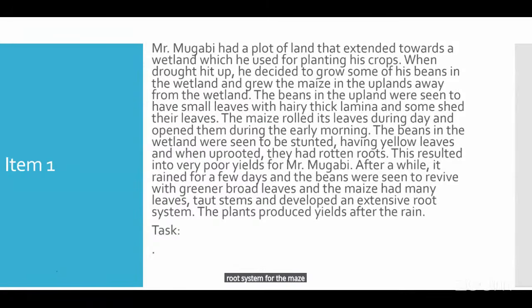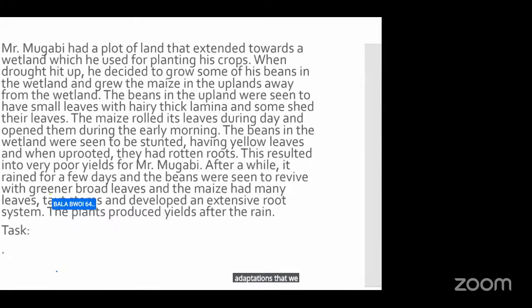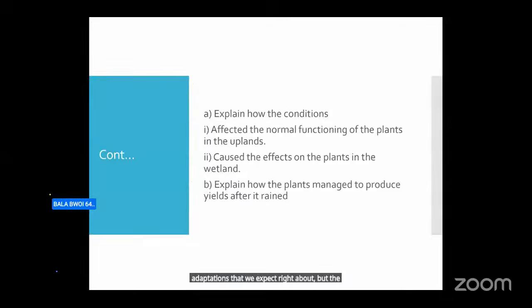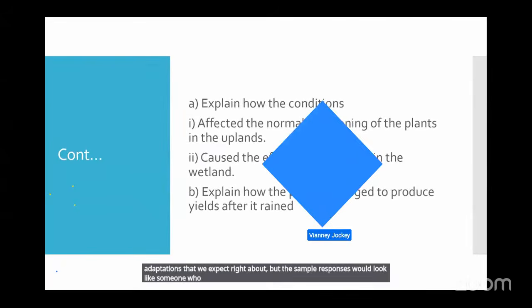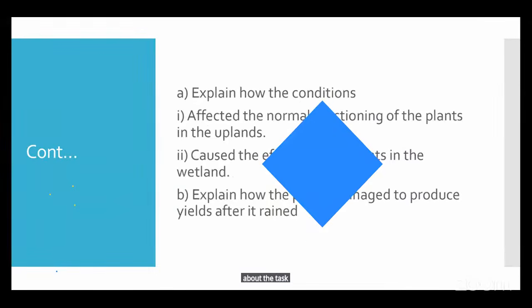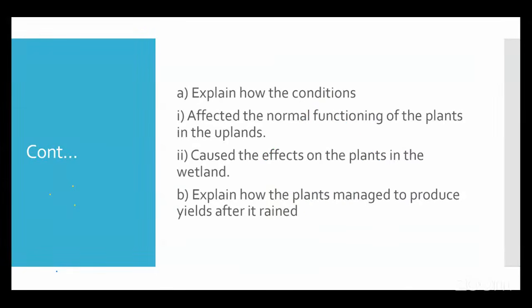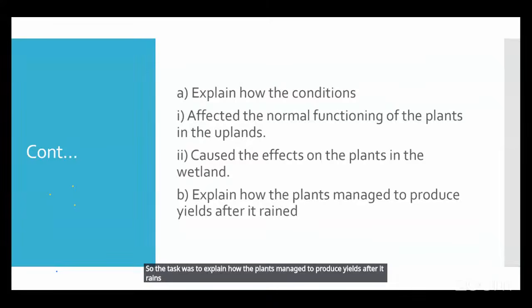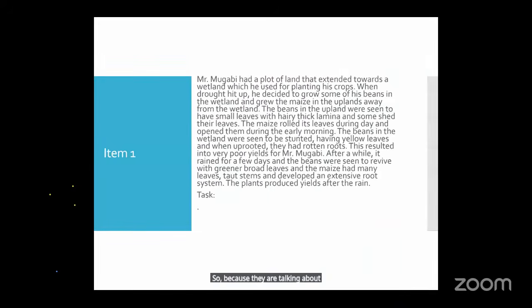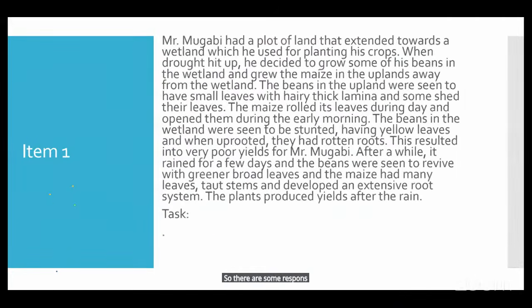So those are the adaptations that we expect to write about, but the sample responses would look like someone who was asking about the task. So the task was to explain how the plants manage to produce yields after it rains. Because they are talking about after it rains, there are some responses here which we shall not talk about.